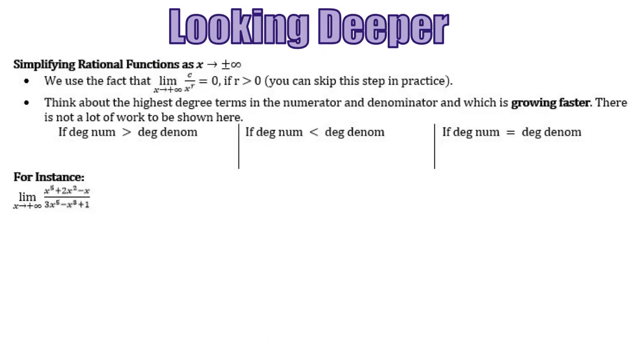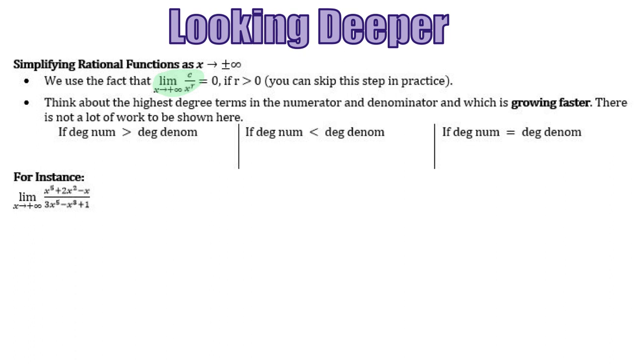So for right now, we're going to focus on rational functions similar to the one down here. So a polynomial over a polynomial, that's what gives us a rational function. And we're going to start with the fact that if we take the limit of some constant over a polynomial, that limit is going to be equal to 0, because basically what's happening is the bottom is growing and the top is not changing at all, which means that this is going towards 0.